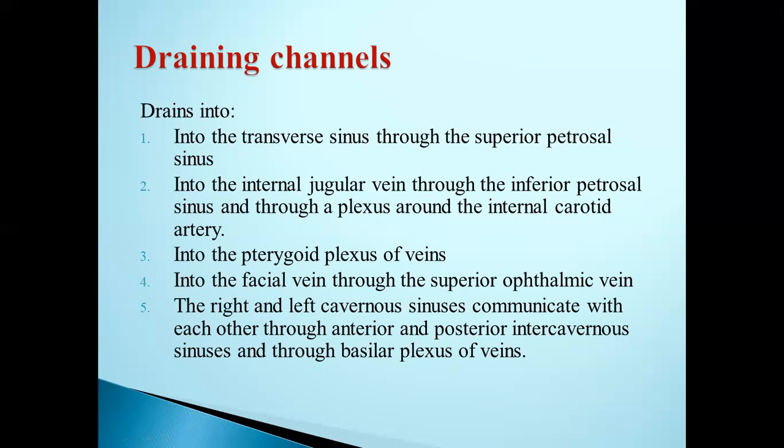Both these communicate with each other through the anterior and posterior intercavernous sinus. So we have seen in previous diagram, both the right and left sinuses are connected by intercavernous sinus and through basilar plexus of veins. So they drain into various sinuses: transverse, internal jugular vein, pterygoid plexus of veins, facial vein, and also communicate with each other.